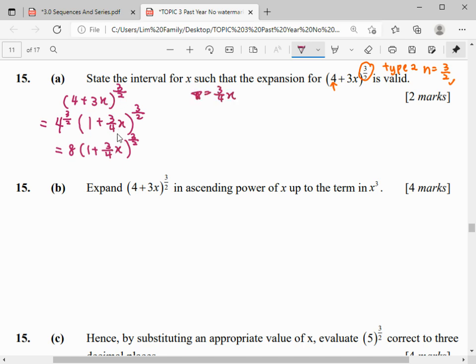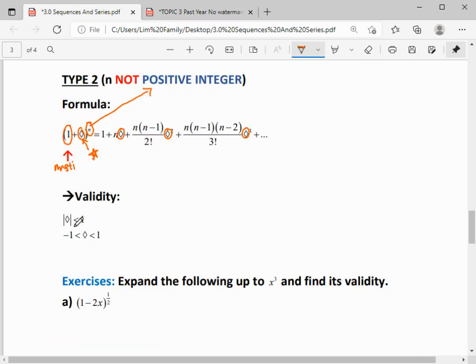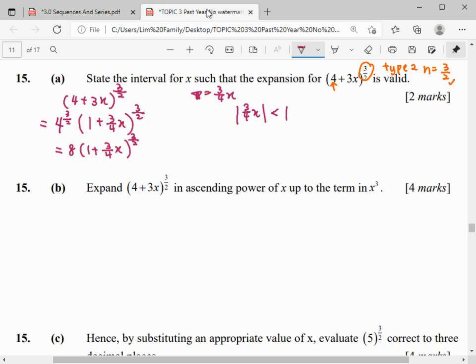Because we already fulfill the characteristics, the power is okay and in front here is 1, so the part we want to expand is this positive 3 over 4 x. To find the validity, I have to put this in modulus and less than 1, because this is the formula for finding validity.